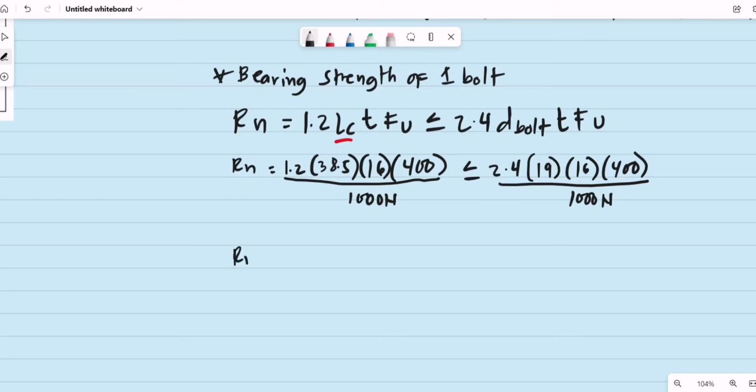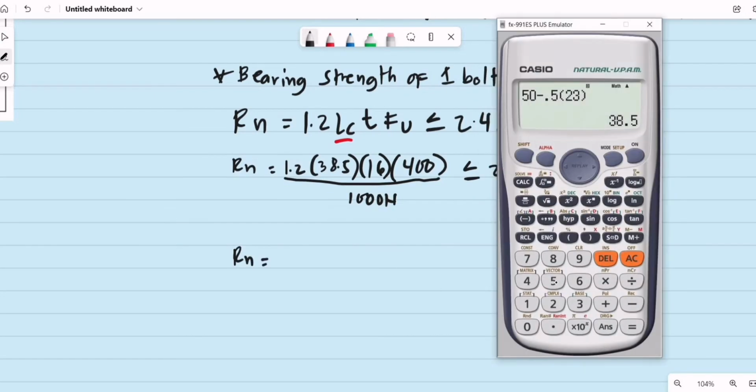So let's have the value of R sub N. This is 1.2 multiplied by the 38.5 millimeters, then multiplied by 16, then 400 megapascals, then to be divided by 1000.